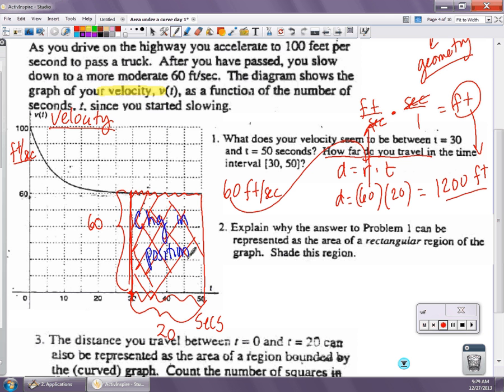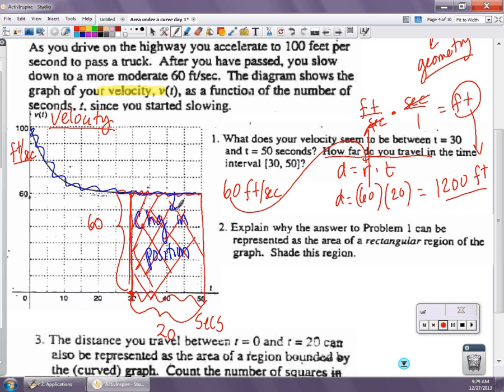So the curve that we were looking at, that's a velocity curve. The area under that, when I was finding the antiderivative, it took me back to a position function, and I was able to see the change in position, which is 1,200 feet. So there's that connection: a definite integral is the net area under a curve.